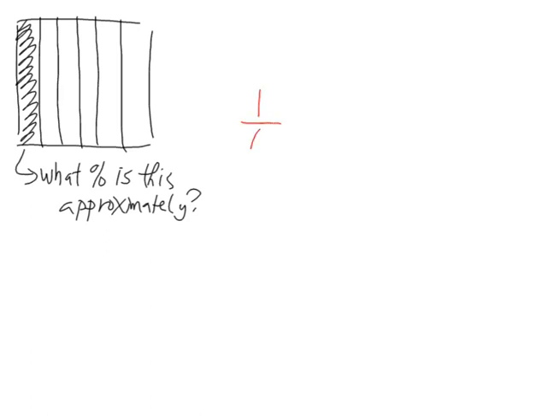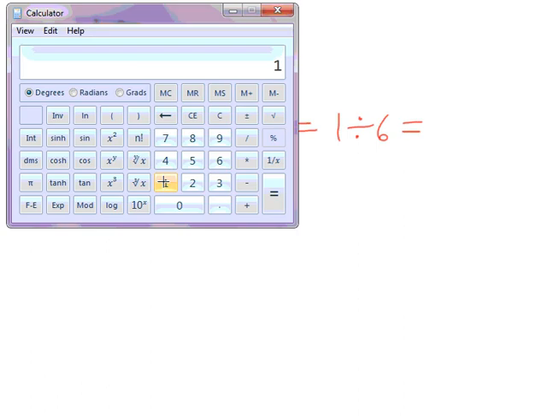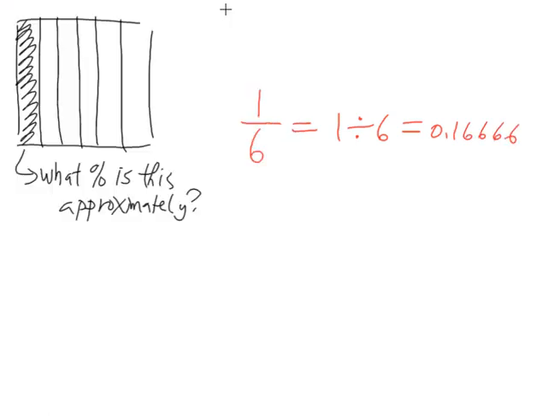So the first thing you have to be able to do is interpret the picture, and that picture is showing 1/6, and it's asking what percent is that. There's more than two ways you can do it, but the first is to think of it as 1 divided by 6 and use your calculator. The answer is 0.16666 to infinity.